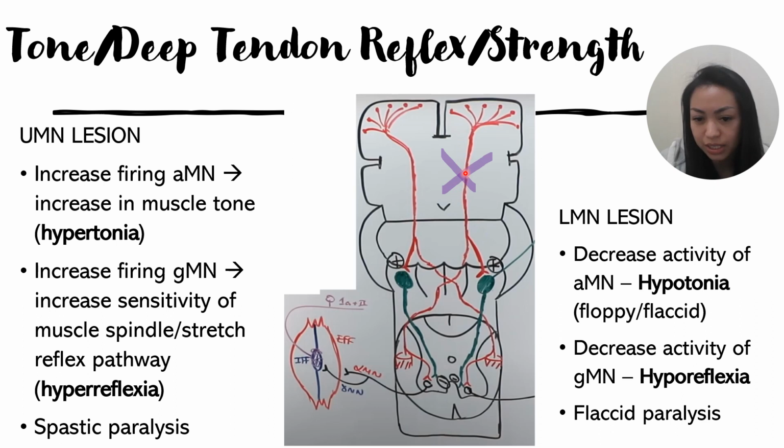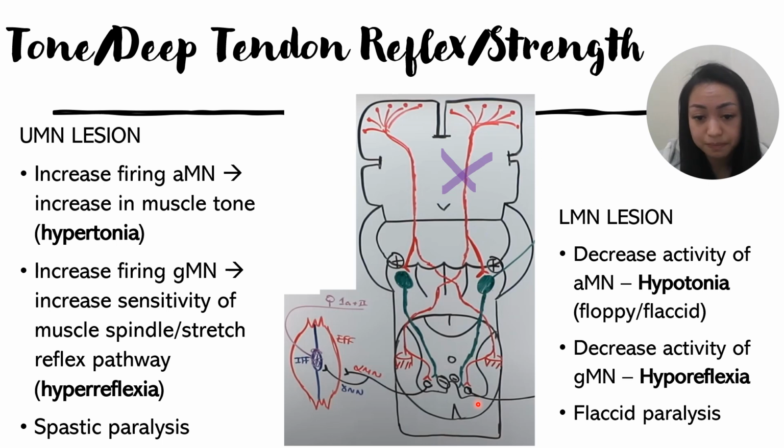If there's a lesion here, then this green nuclei, this medullary reticulospinal nuclei, cannot inhibit the lower motor neuron. Remember that the medullary reticulospinal nuclei can only inhibit the lower motor neuron. So if they're not being activated, they cannot exert their inhibitory effect on the lower motor neuron.